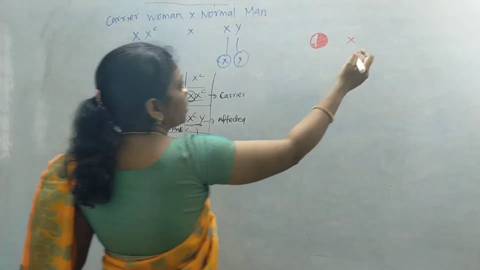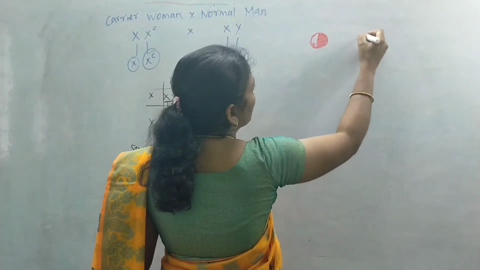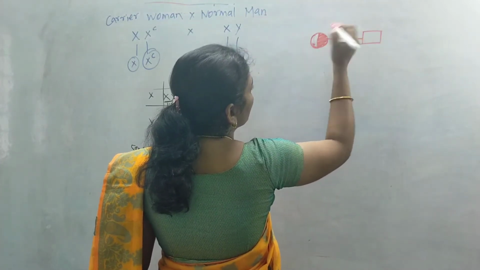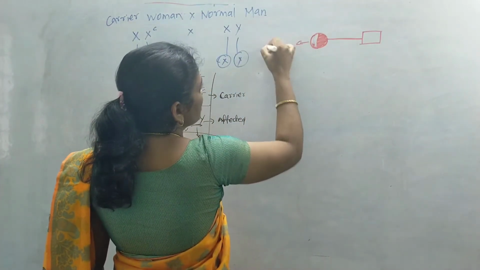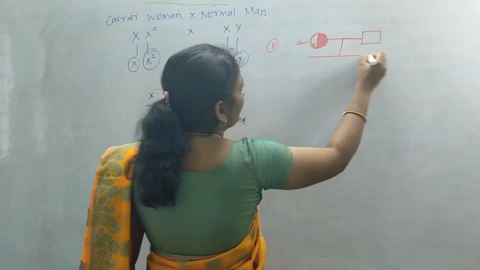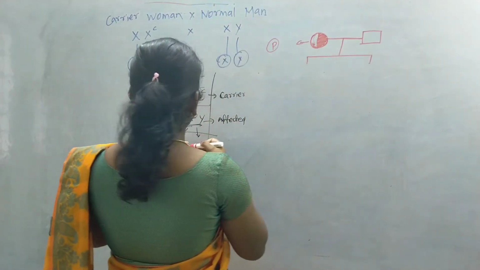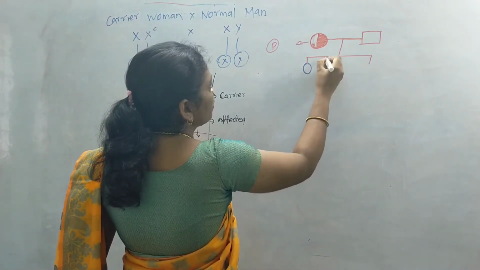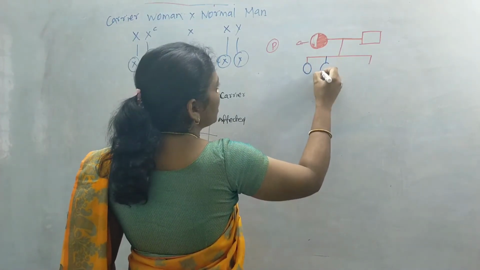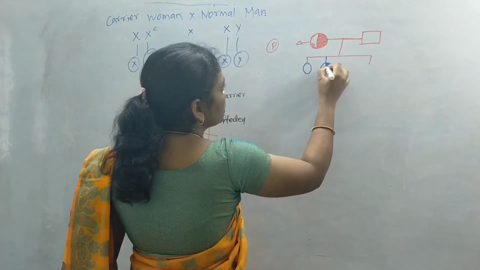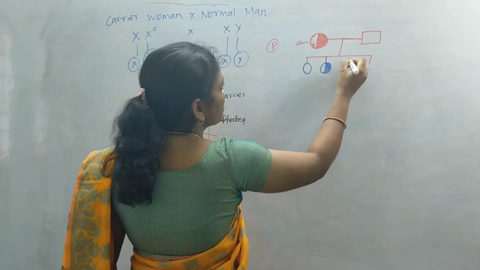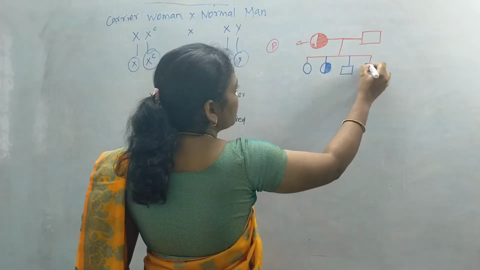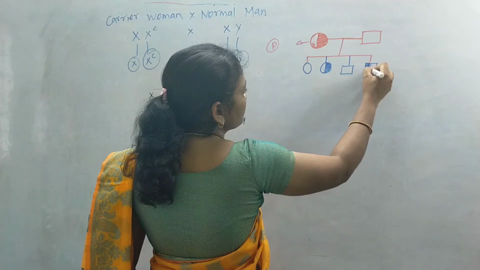When she marries a normal male, this is the parent generation, and the F1 generation will have one normal female, one female who will become the carrier, where we have to shade this heterozygous condition, and males, one male will be normal, another male will be affected by the disease.